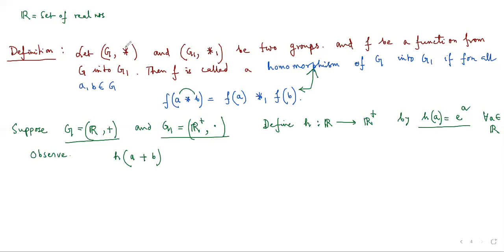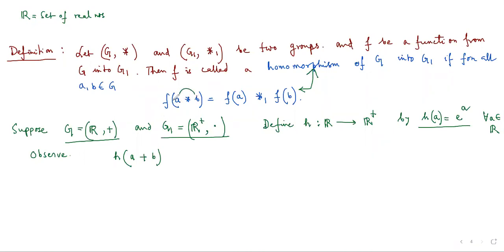The operation in the group G is star, and the operation in the group G1 is star 1. When I take two elements from G, I take their composition as a star b.